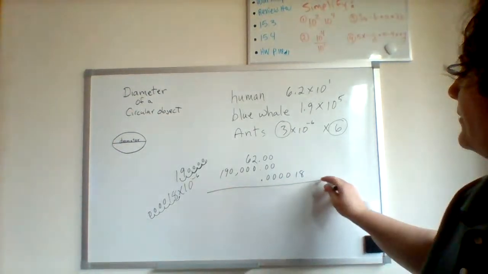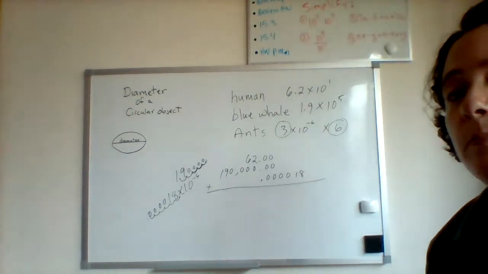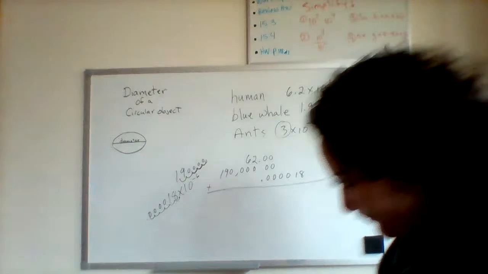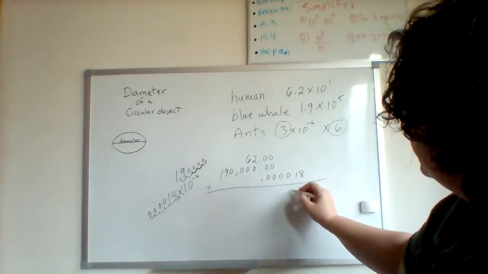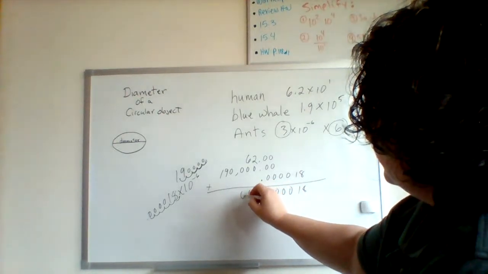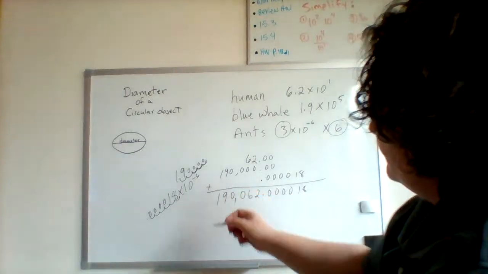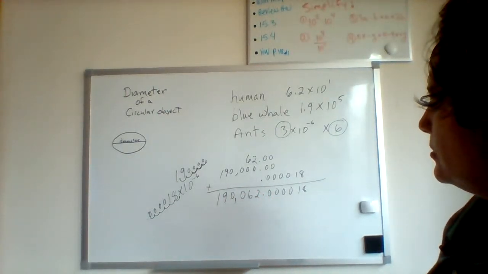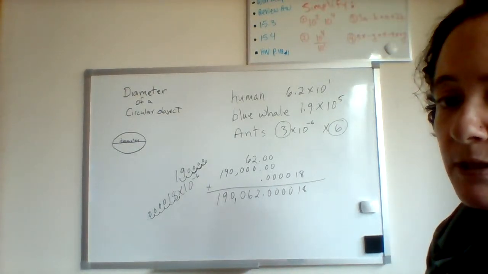We are supposed to add them all up because the question says, what is their total mass all together? What is their total mass all together? $190,062 and a really tiny insignificant amount right there.